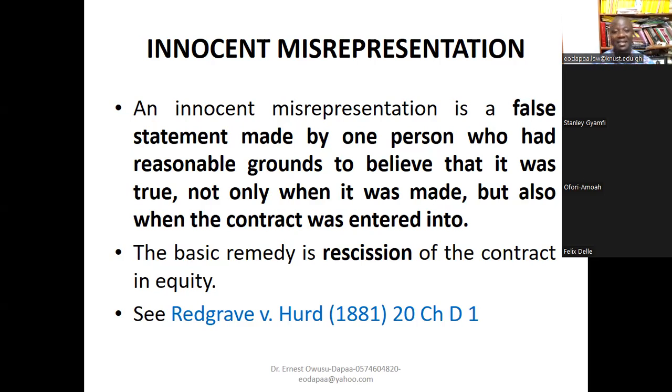But it just happens that at all material times, when the statement was made, the statement was untrue, right? The statement was false.